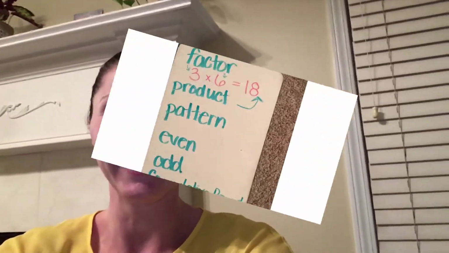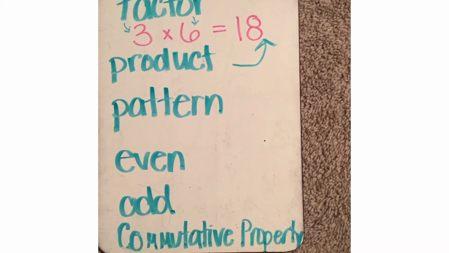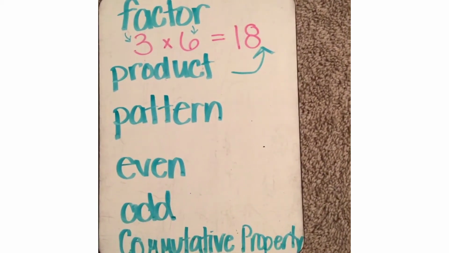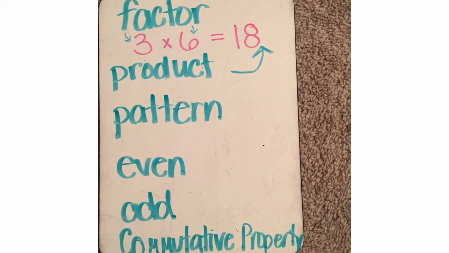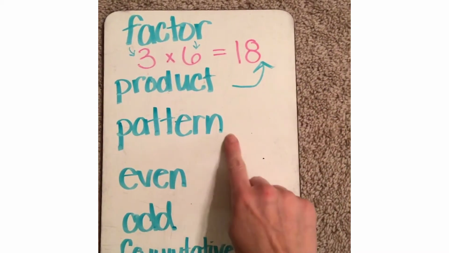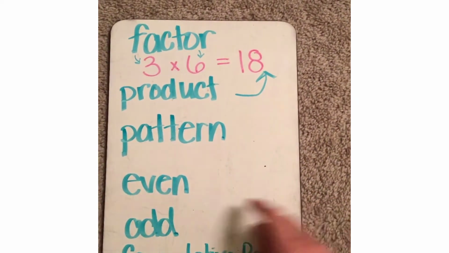It's not so hard. Before we continue on with the lesson, we need to review some vocabulary. Factor, those are the two numbers that you multiply in order to get the product. Pattern is just seeing a relationship between numbers.